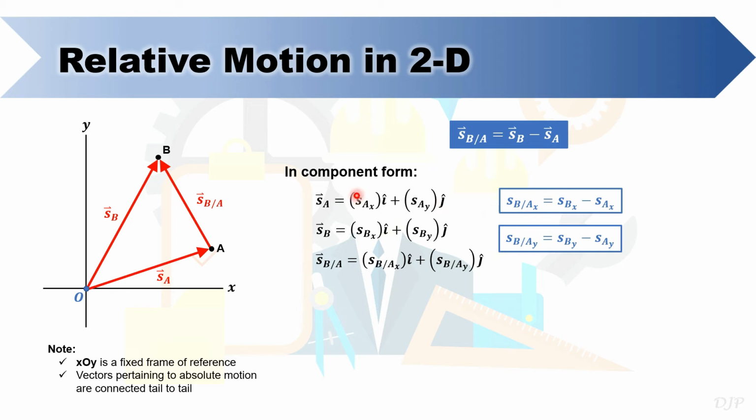Let's say that for this example, we have a negative value for the x component of the relative position and a positive value for the vertical component. Then we can make this sketch in order to draw the correct direction of the relative position of particle B. By the rectangular method, we can now draw the correct direction of S sub B over A. It is possible in your initial sketch that you will make errors in drawing the vectors.